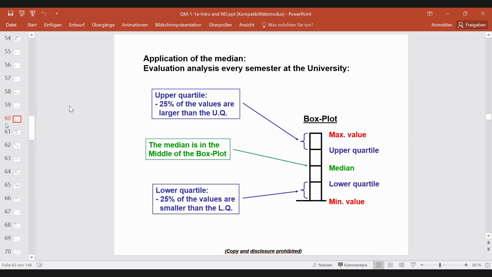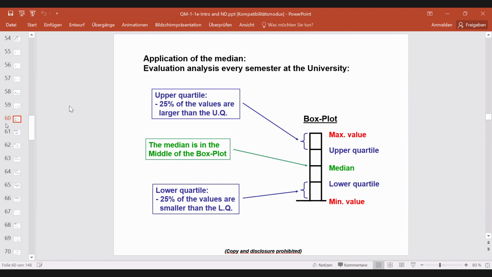Another option for analysis of measurements is the box plot. If you look at Google, you will find a lot of box plots. Also in the literature, statistical books, there are a lot of different box plots.